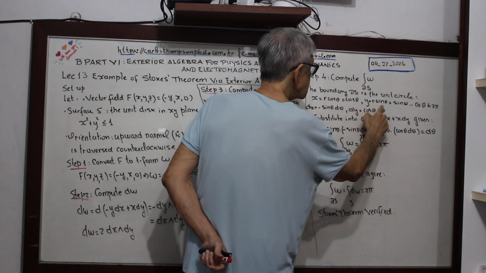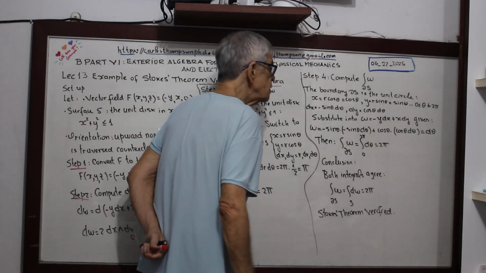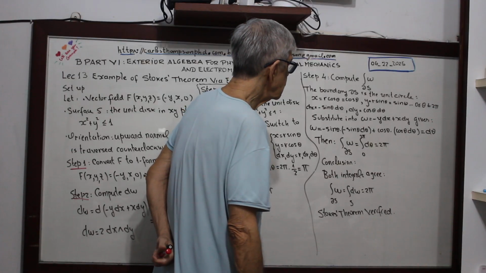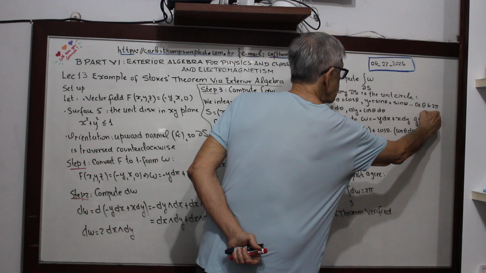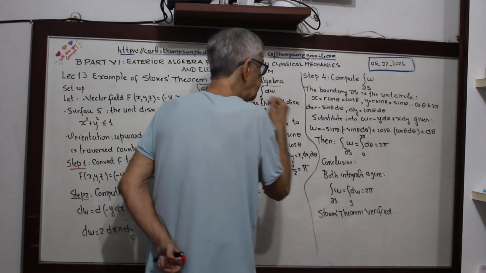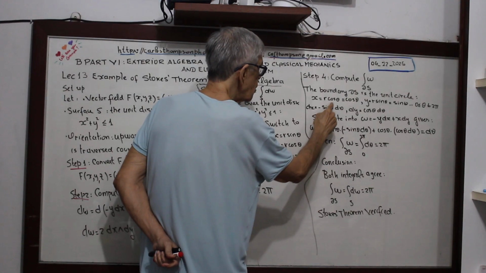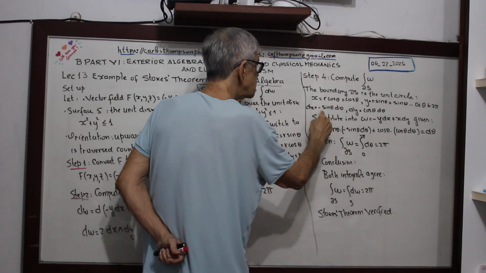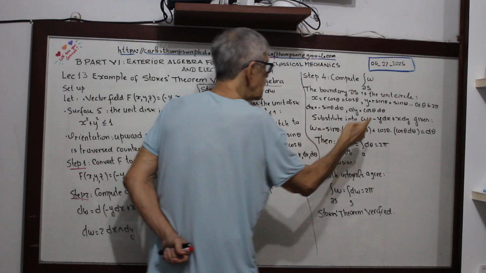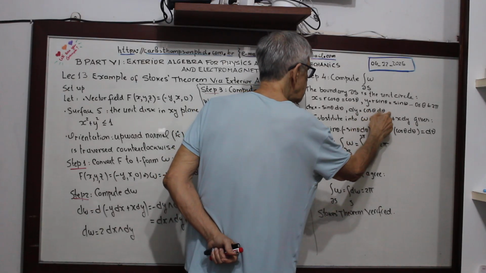Likewise, y is r sine theta, so this will be sine theta, since r is 1. Now theta varies from 0 to 2 pi. Now dx is minus sine theta d theta, because the differential of cosine is minus sine d theta. Likewise, the differential of sine is cosine d theta.